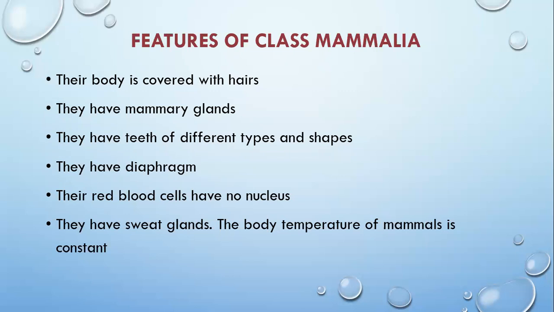Third, they have teeth of different types and shapes that enable them to chew and take in food. The other one is that they have a diaphragm. Another feature is that their red blood cells have no nucleus. Other than that, they have sweat glands. The sweat glands basically help to maintain the body temperature, so that the body temperature of mammals is constant.